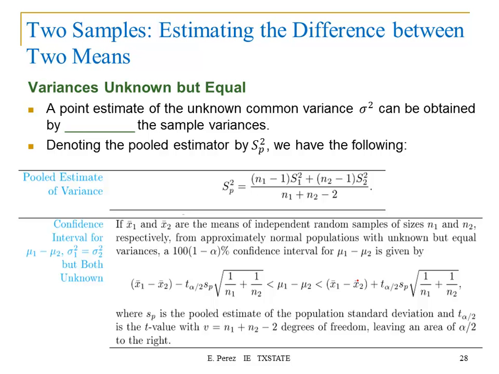And instead of using sigma, you use the sample standard deviation, which is denoted by s. We are looking at the difference of the population means, but in this case we don't know the population variances. So you find an estimation for the variance from the samples, and then you can use that estimator to compute the confidence interval for such a case.